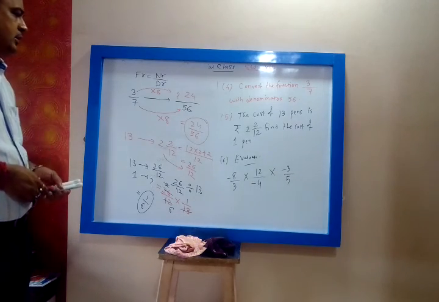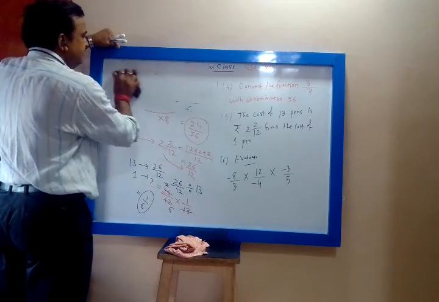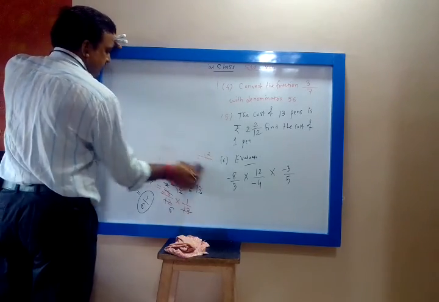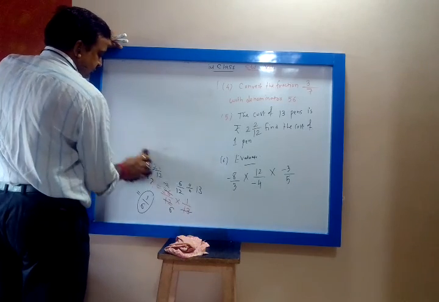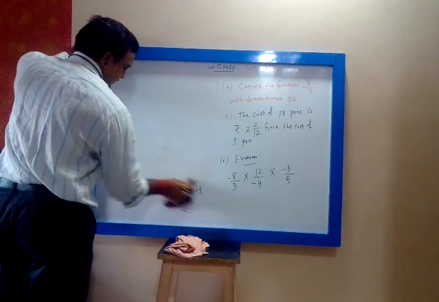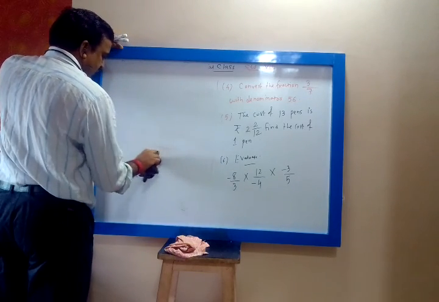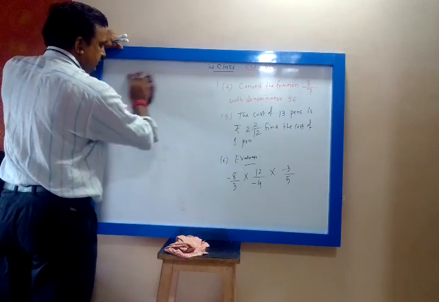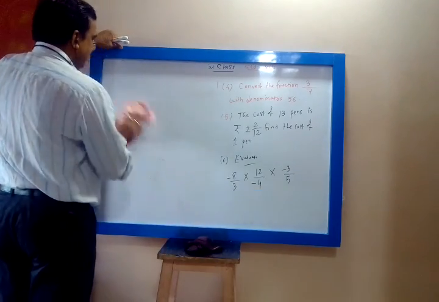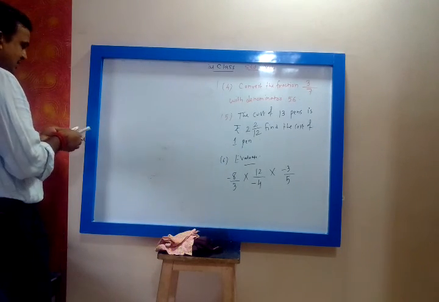Okay. Now do the sixth one. Minus 8 by 3, they are rational numbers, my dear.